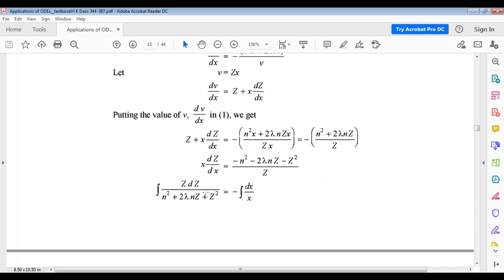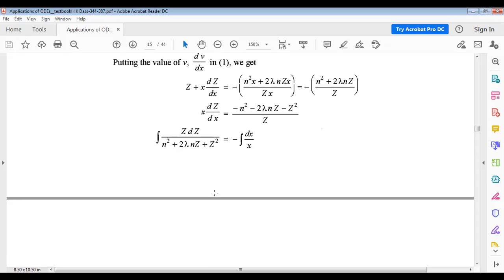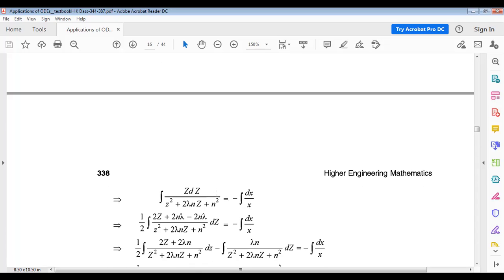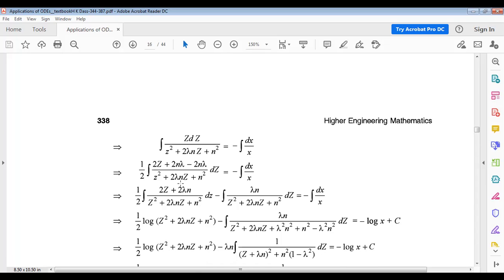Now integrating on both sides by the variable separable method, we get this one. From this, dx divided by x and this divided by dz. Separating the variables and then integrating on both sides, we get z dz.